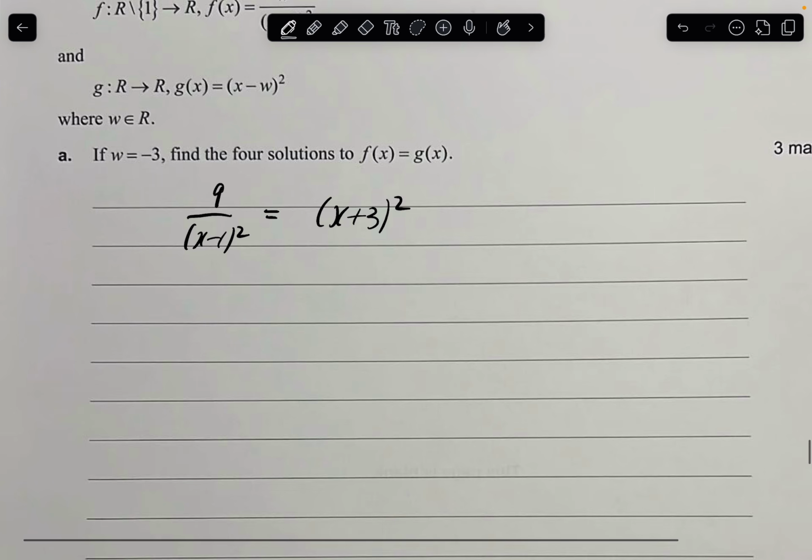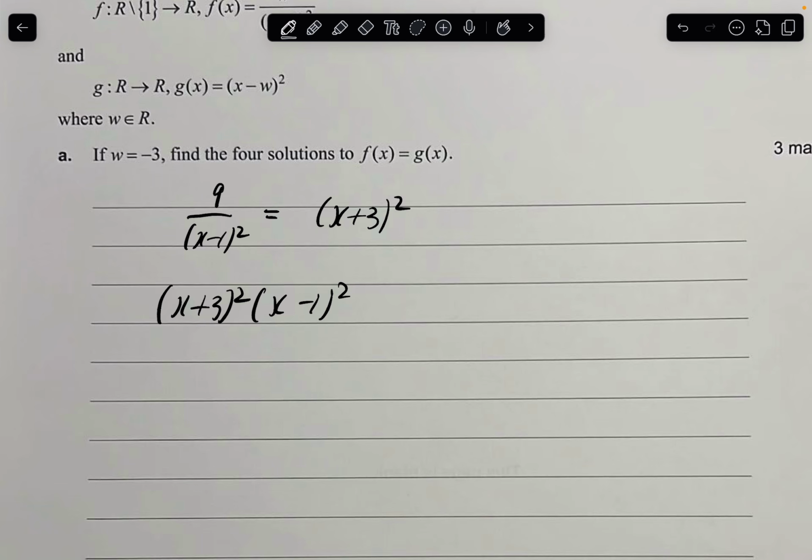Now, here you can say x plus 3 squared times x minus 1 squared equals 9. You could technically move the 9 over and do minus 3 squared, and then put it within. However, you can realize that a squared times b squared is the same as ab all squared.